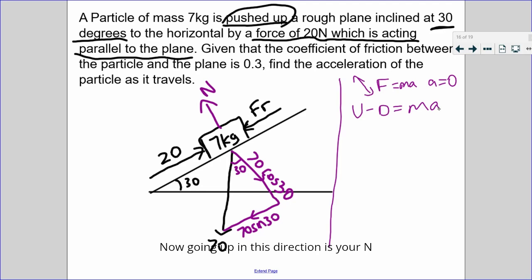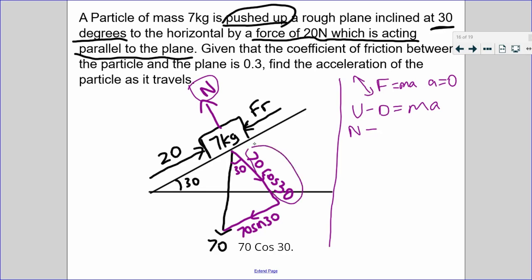Going up in this direction is your n, and going down is your 70 cos 30, equals 7 times 0. So n equals 35 root 3.